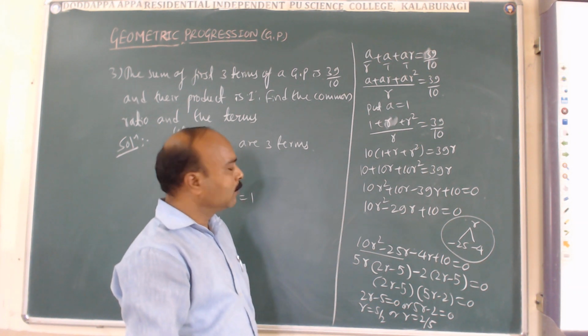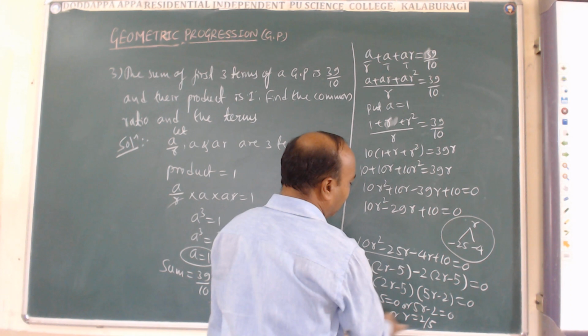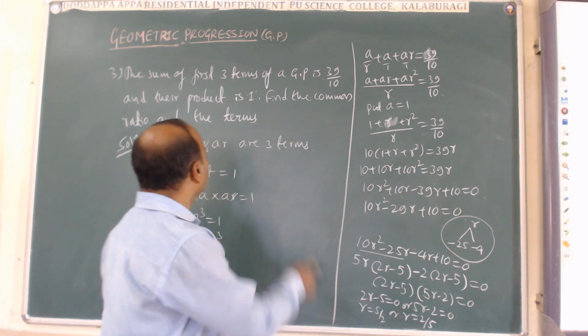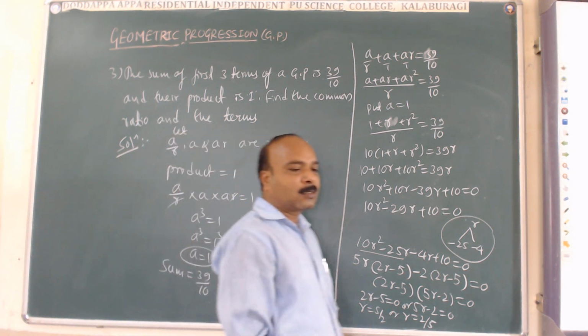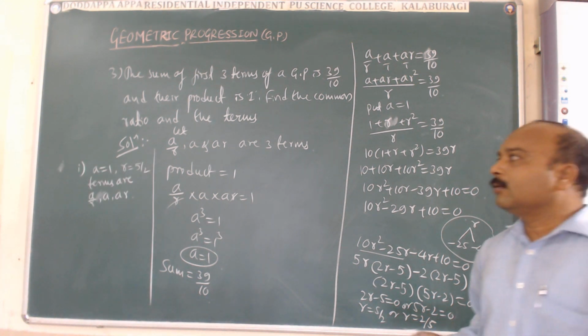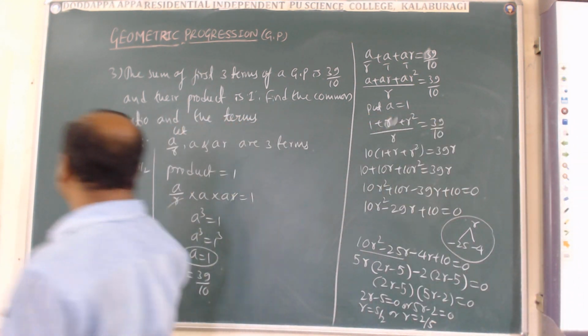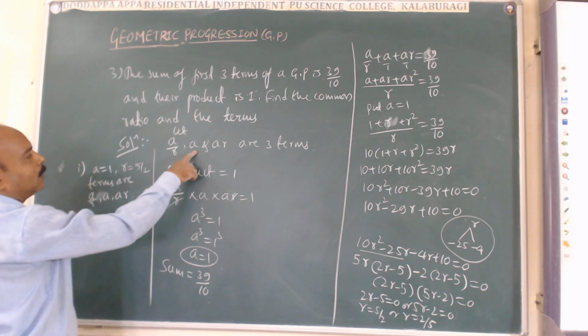Now we substitute this r value as 5 by 2 one time and 2 by 5 one time in these terms. Along with a value 1 we get the two answers for this one. Now we substitute a equal to 1, r equal to 5 by 2 in the terms a by r, a and ar.